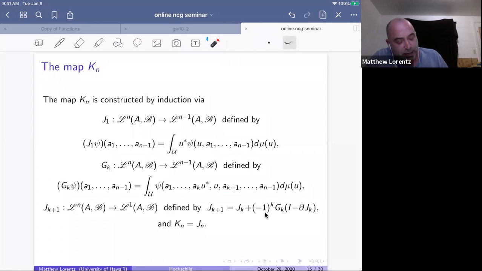And then J k plus 1 is the previous map Jk, plus minus 1 to the k, times the Gk map applied to the identity minus the boundary of the previous Jk map. And then Kn will be our Jn when we get high enough up there.